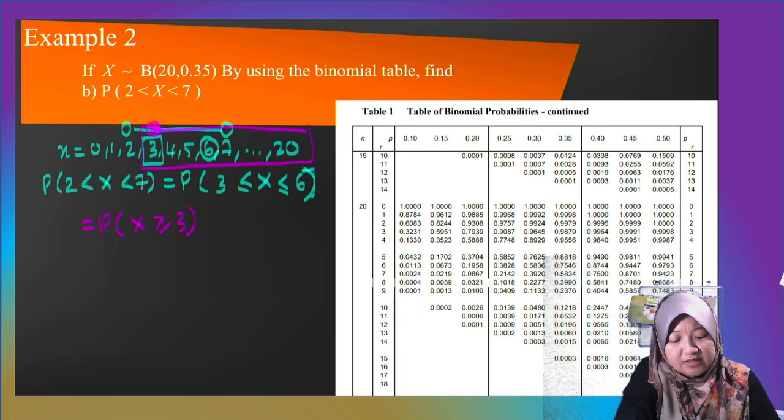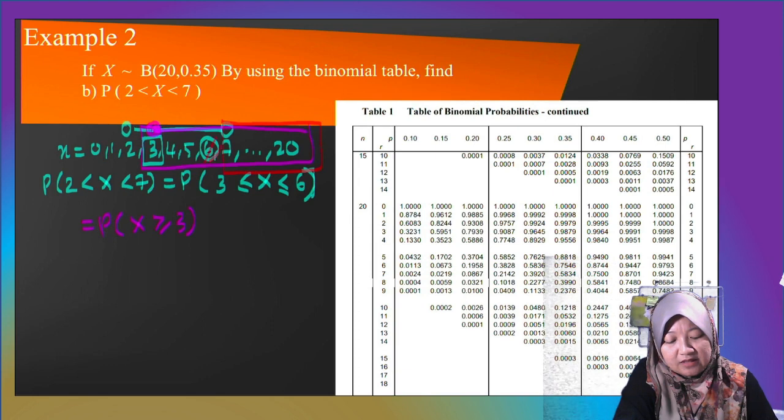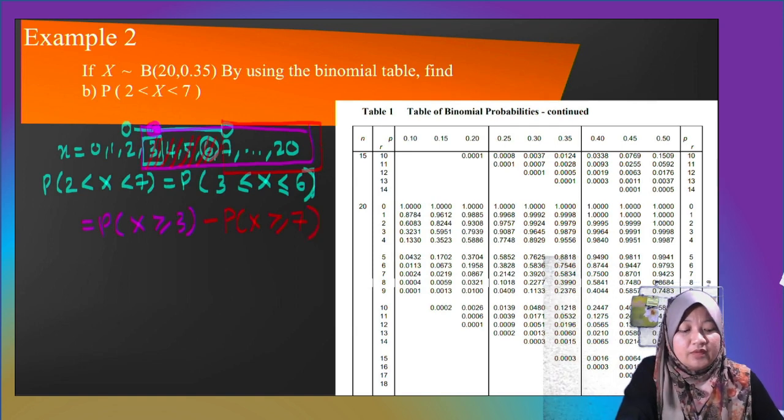Okay, minus kawasan ni. Kita nak yang ni ya. Kita perlukan kawasan ni. So, minus probability X greater than or equal to 7.